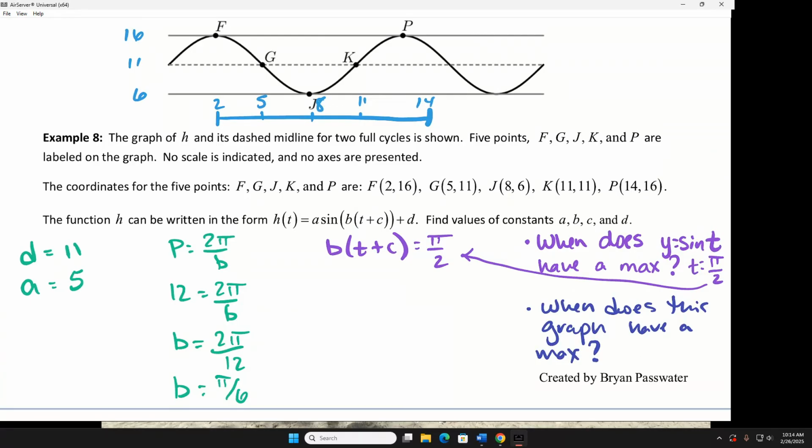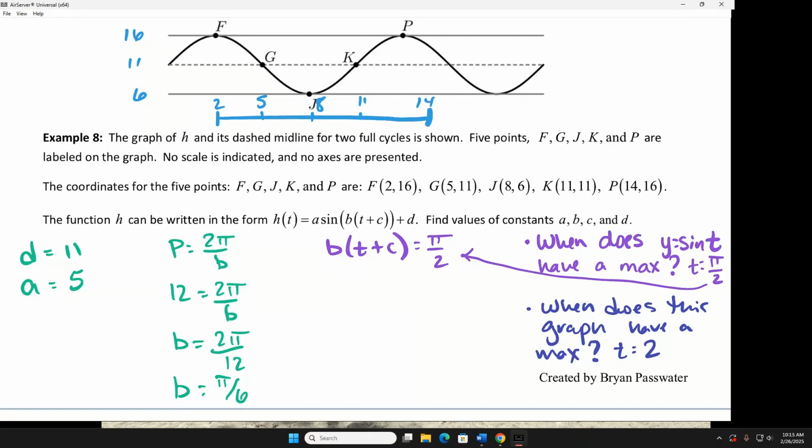There's two answers here. I typically use the first one. There are many, many correct answers to this equation, so it's fine. There's multiple correct answers, but I typically use the first max. So what do you guys think? 2, right? The y is 16, but the time that it has that maximum is 2.